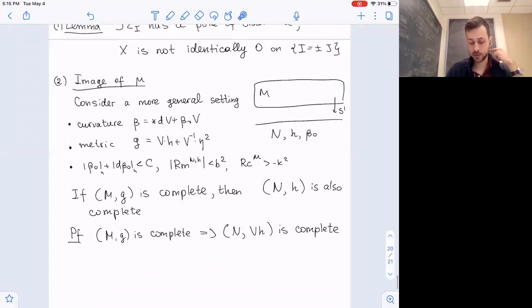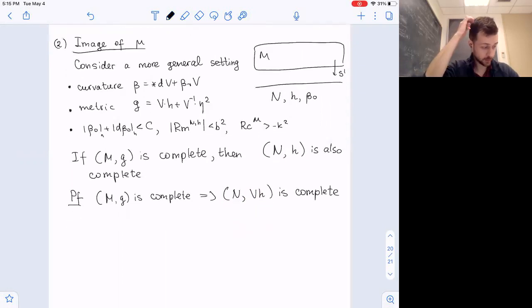The problem is that V could blow up potentially, and if V blows up, even though this metric space is complete, this might not be complete. So there might be a curve of finite length here escaping to infinity, which becomes a curve of infinite length here. And it tells you that essentially you want to get some control over V to ensure that it doesn't happen.